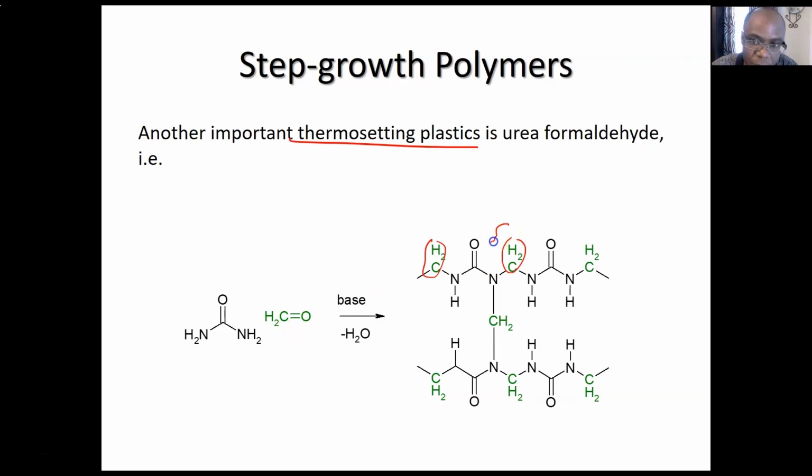So if you were to focus on this place right there, it means the two hydrogens and the oxygen will make water. Okay, so you will have CH2 here, you will have CH2 there. As you lose water, that's what this means. So the same thing will happen on the other side. You lose water.